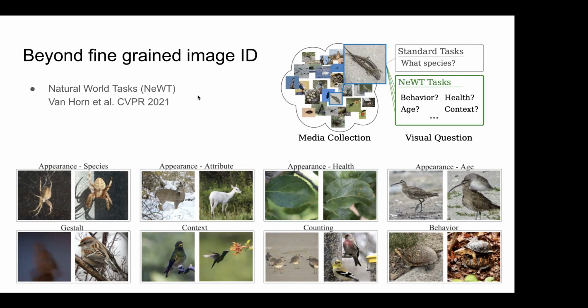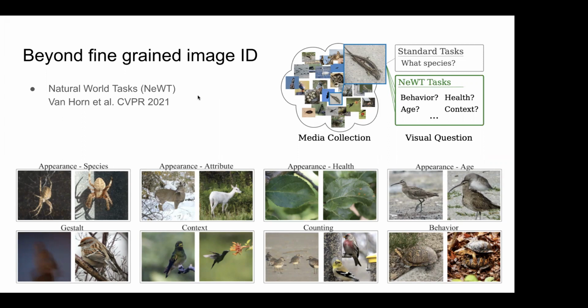So here, this is based on a set of so-called studies. There's a field in iNaturalist called a study. And there are 8 studies here that involve, well, appearance, that's just the usual fine-grained categorization, that's the species. Then there's attributes like whether the coat or fur of an animal is associated with winter or spring.